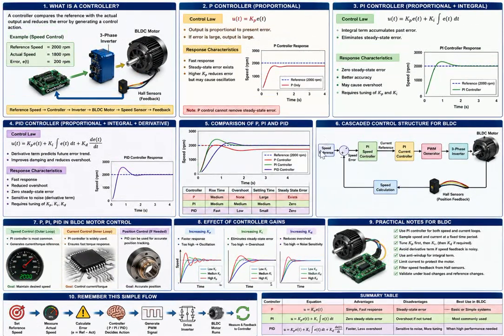if you see, this is the control loop diagram for closed loop control of BLDC motor. This is the speed reference that we are giving.